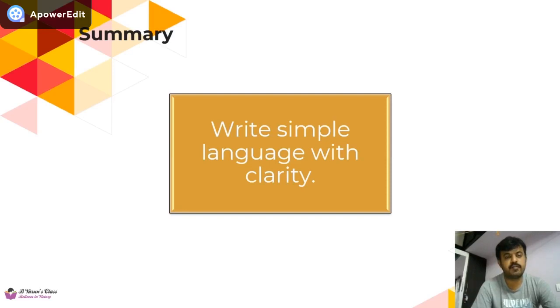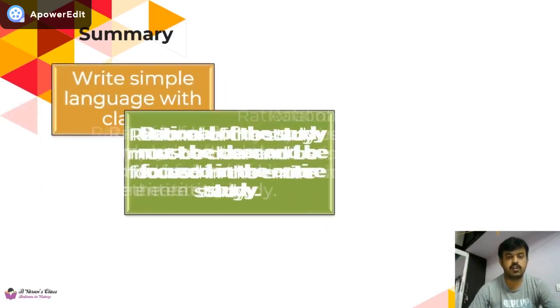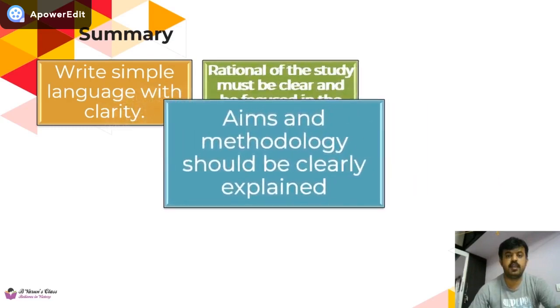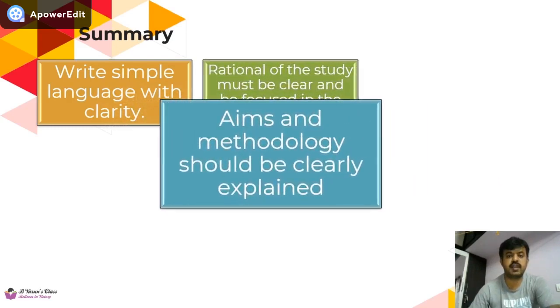Now it's time for us to review the overall process. First point is write simple language with clarity. The language should not be complicated. It should be clear and focused on the entire functionality of the study. Aims and methodology should be stated clearly.